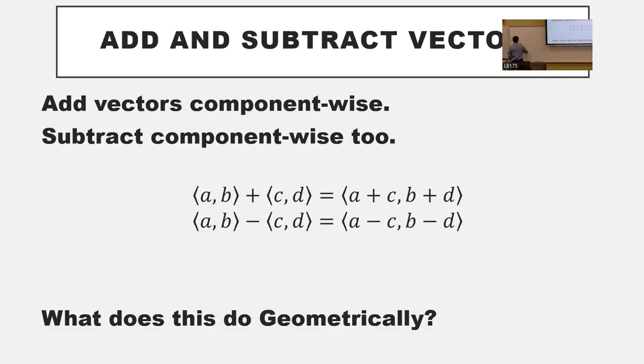So first off, let's talk about adding and subtracting two vectors. If I take two vectors and I want to add them, I just do it component-wise. I add the x parts together, I add the y parts together. If I want to subtract them, I do the same thing. I do it component-wise. I put the x parts together, but subtract, put the y parts together, and subtract.